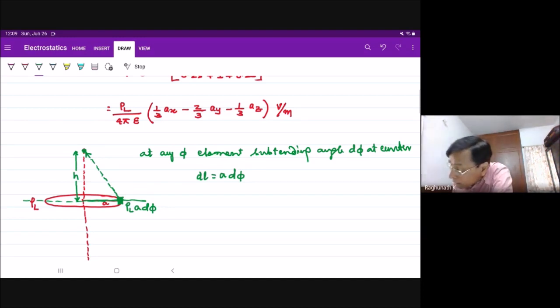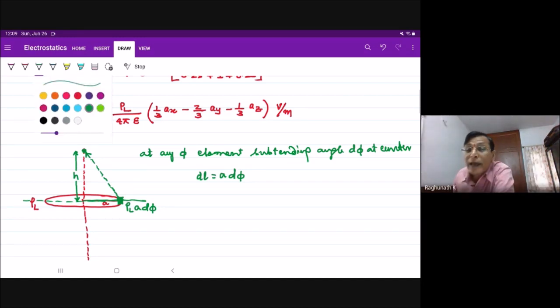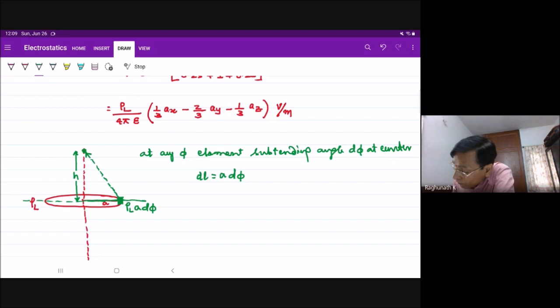This vector is minus a rho plus h a z. Minus a rho plus h a z will create the field in this direction, dE bar.